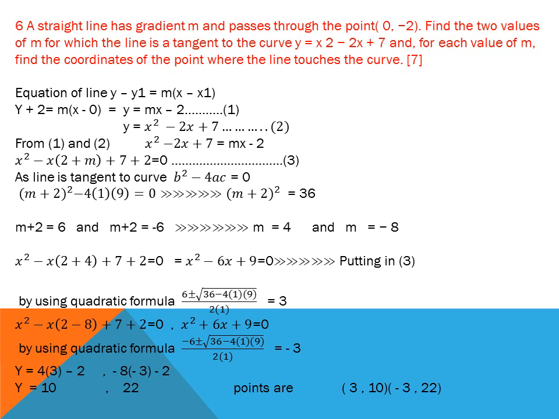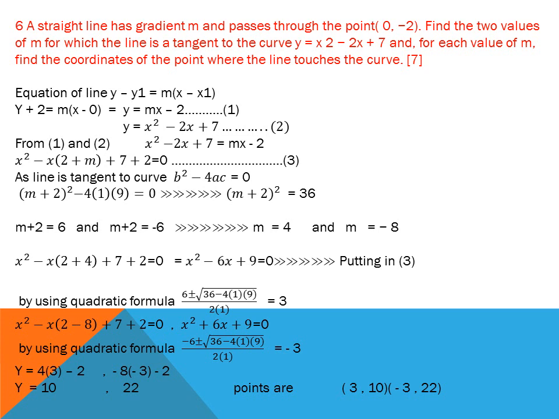In this question he is also asking about a curve and a line. The line is cutting the curve at only one point, which means the line is tangent to the curve. The point is (0, minus 2). First I found the equation of the line because there is a point on the line, (0, minus 2).